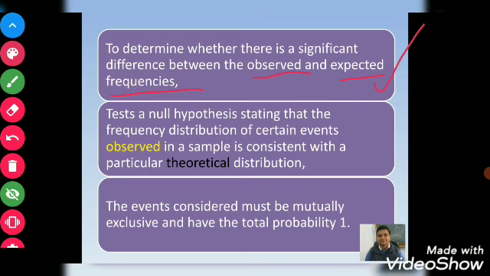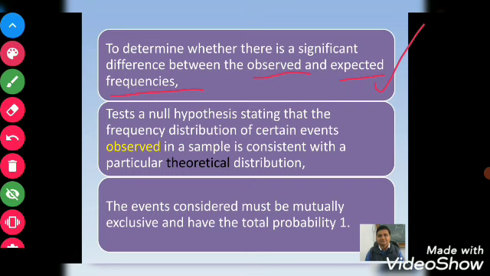Just remember a simple example. You have 100 cows, and those 100 cows undergo calving, and now you have 100 calves. Considering the sex of the calf, the expected frequency should be 50 male and 50 female.